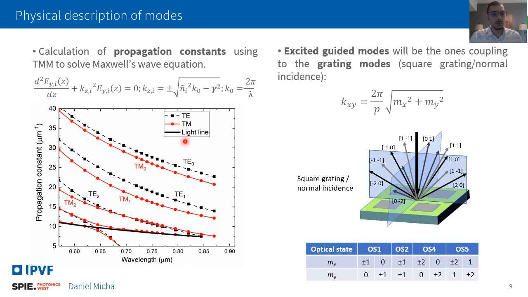And here is the calculation for the different polarizations, TE and TM, in our structure, and we can see the different propagation constants. Okay, on the other hand, we have the diffraction grating, and the diffraction grating introduces the lateral scattered modes.